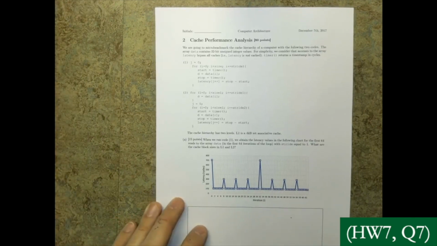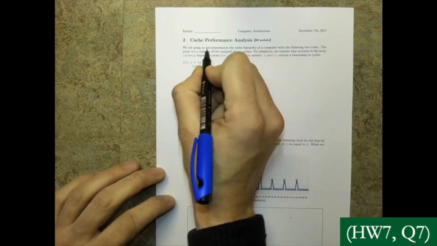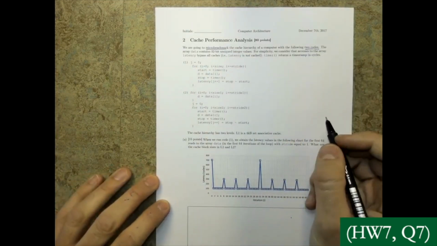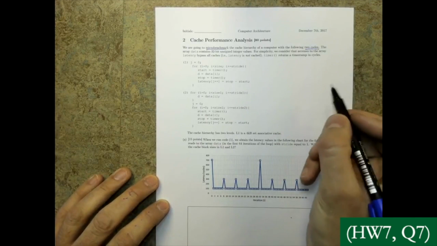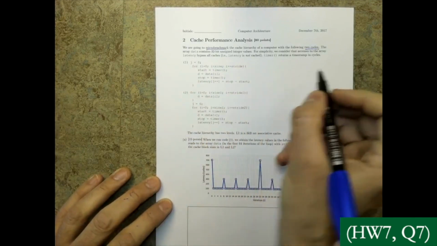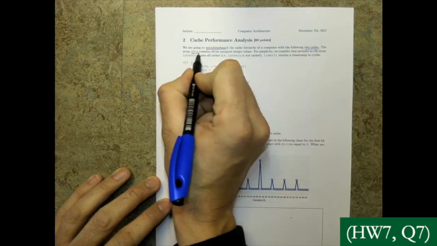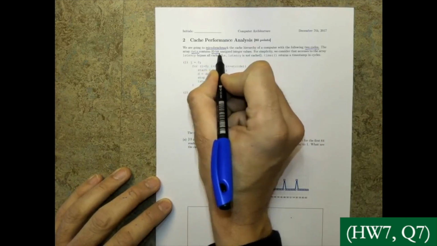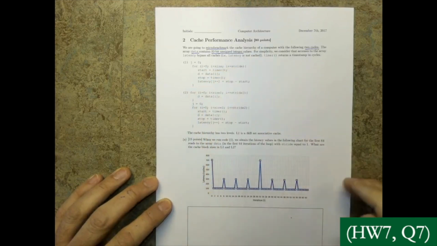So as you can see, for this micro benchmarking, we are given 2 codes, code 1 and code 2. In these codes we access one array, data, that contains 4-byte elements, so it's 32-bit unsigned integers.